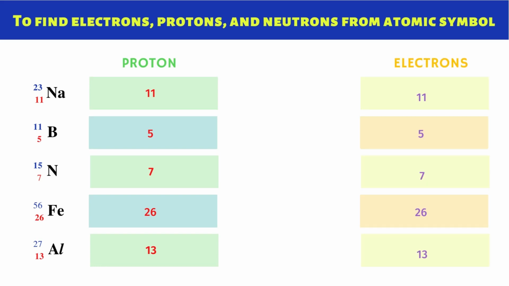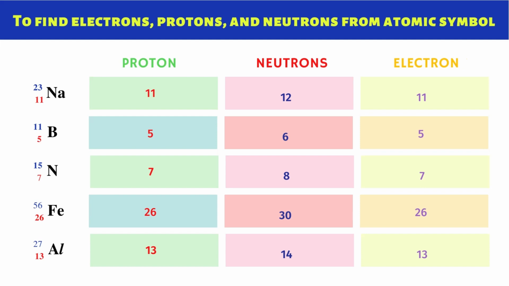Remember that for an atom, the number of electrons must be equal to the number of protons. So, just copy the number of protons in the column of electrons in their respective rows. For the number of neutrons, use the same strategy that we have already learned. Subtract proton number from the mass number.